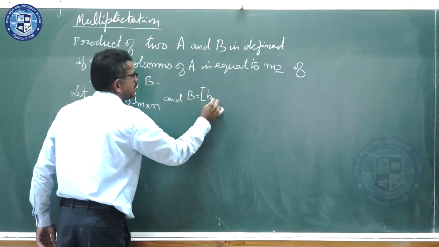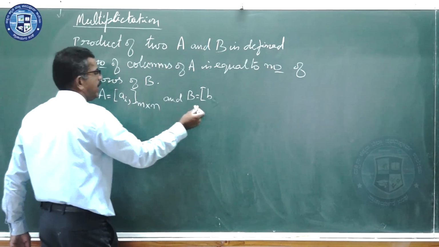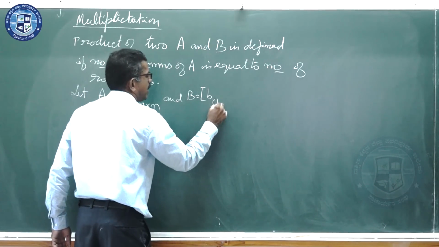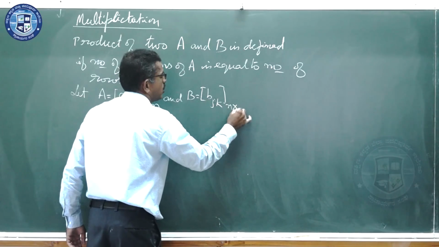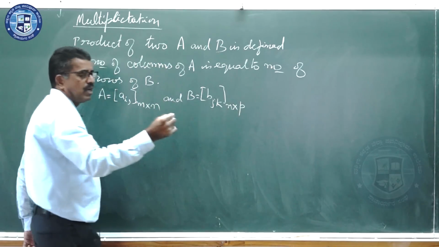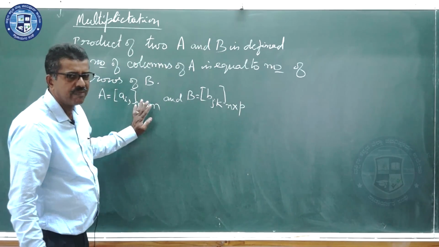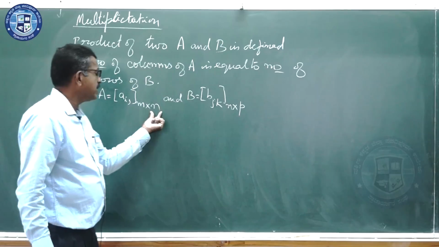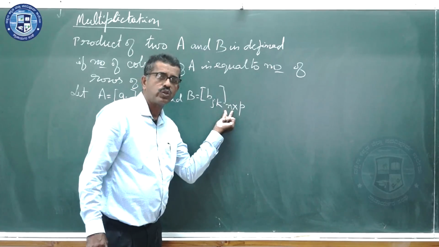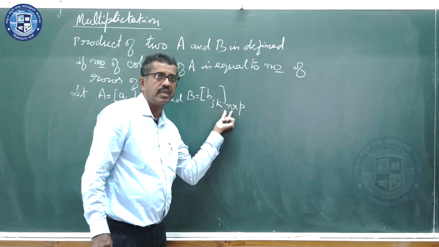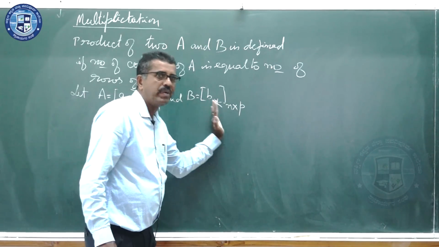B with the elements Bjk, of order n cross p. I think now my intention is very clear for everyone. I have taken the number of columns of the first matrix the same as the number of rows of the second matrix. That is the condition here. Therefore, I have written A and B like this.